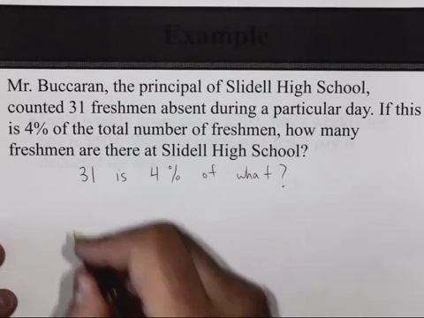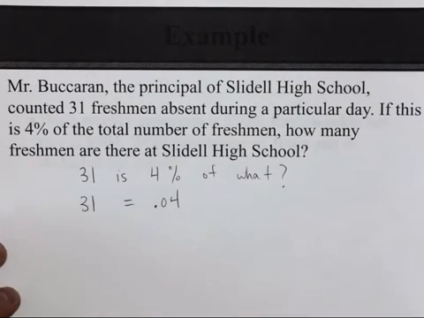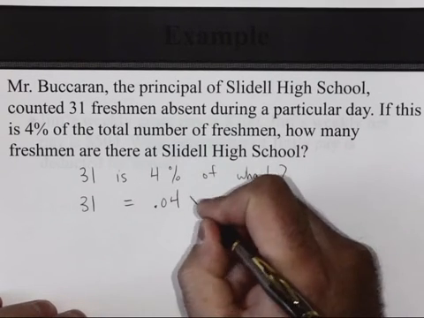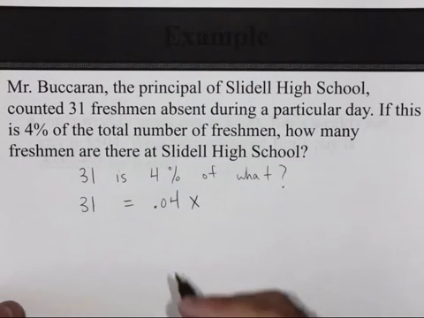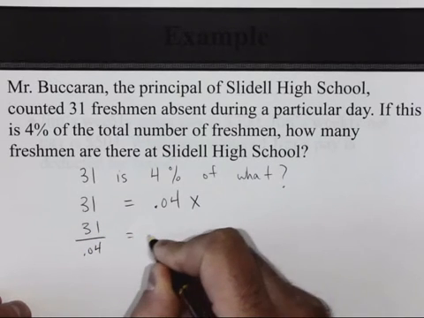So then we want to rewrite that. 31 equals 4%, 0.04, times, is-of what is x? So divide here. 31 divided by 0.04 equals x.